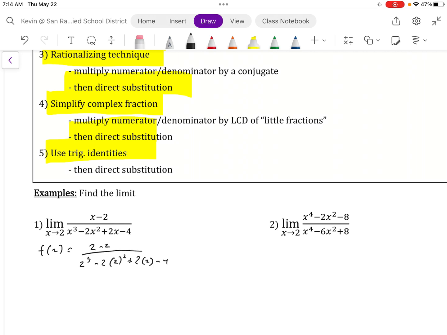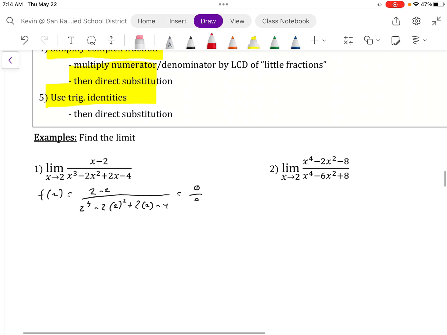Everywhere where there's an x, we substituted in 2. When we did that, we got 0 over 0. So it's what's called indeterminate. A lot of people say undefined. So it's undefined at that point, but it doesn't mean that there isn't a limit as we approach 2. So we have to find out what that limit is.